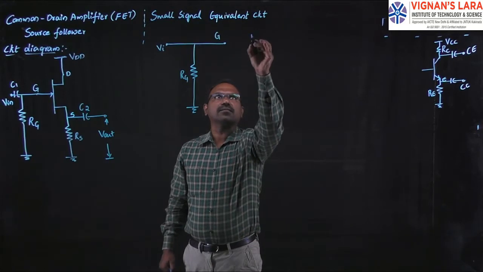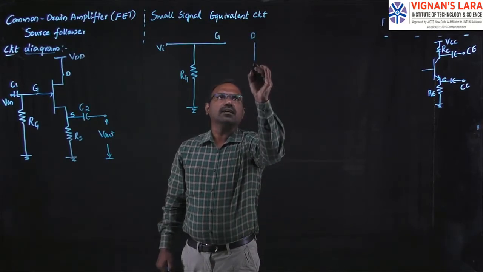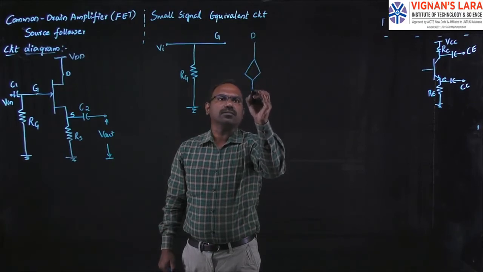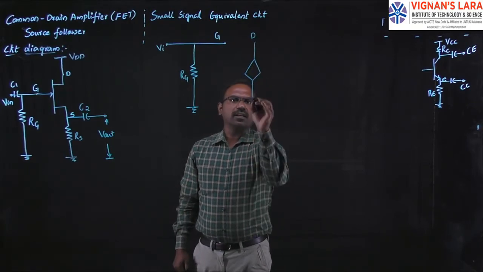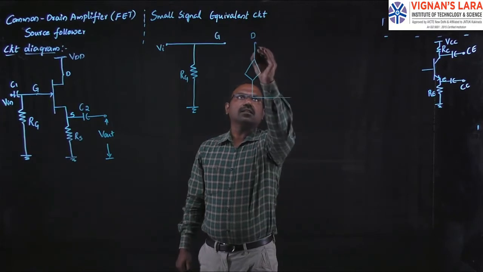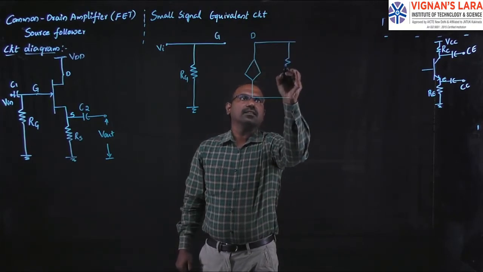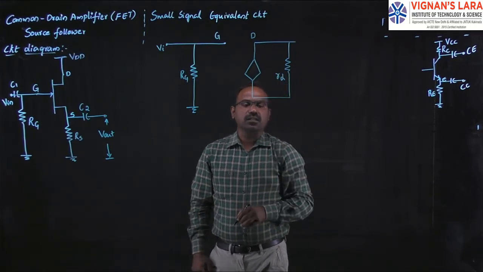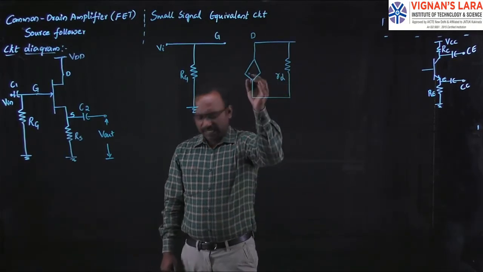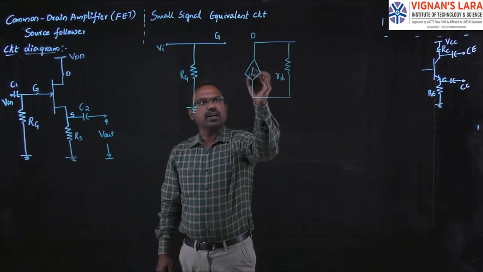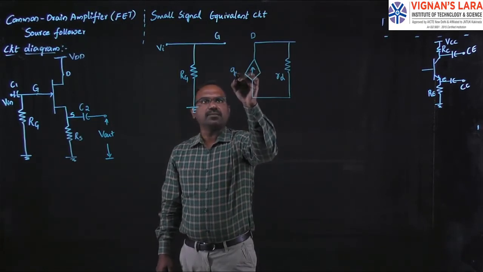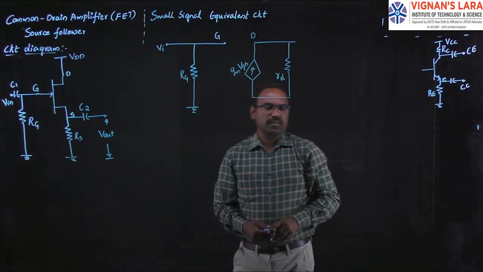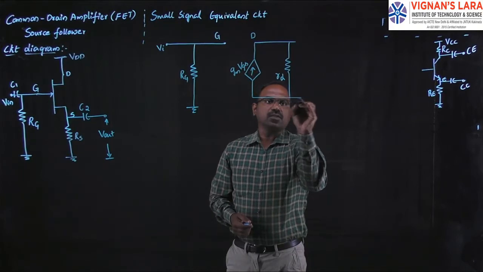From here, I should have a constant current source in parallel with a resistance RD. This is the drain resistance, small rd. And here the current direction will be in the upward direction and this magnitude is gmVGS.